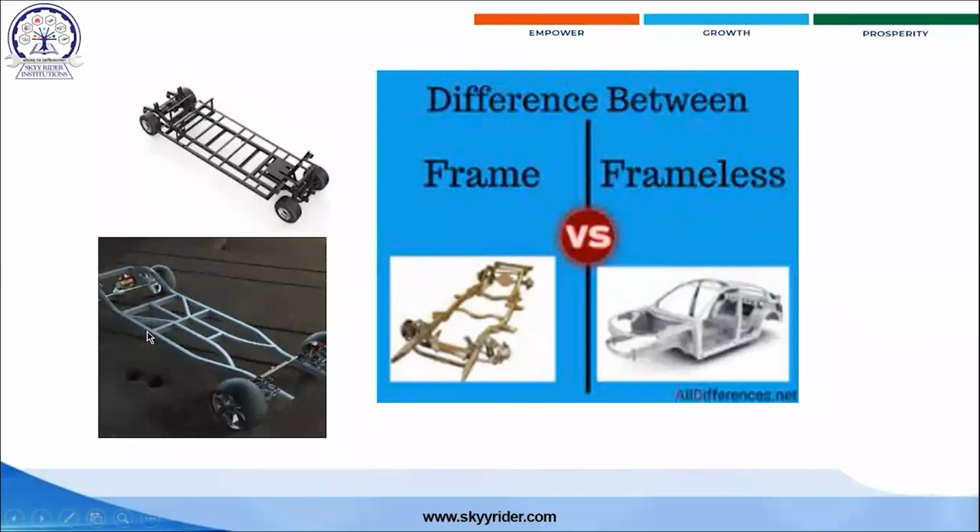These are the ladder types, and if you have this type of profile, you can call it a joggle type of frame. In the frameless there is no chassis, only small boxes for mounting your engine and other engine parts. So these are the differences between a frame and a frameless chassis.